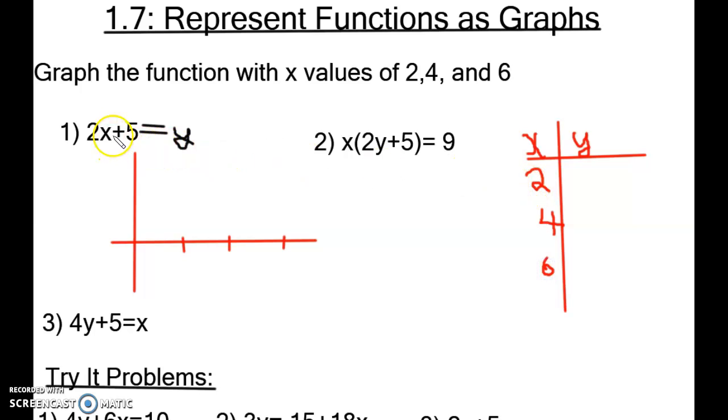X equals 2, you do 2 times 2, that's 4 plus 5, 9. When x equals 4, it would be 4 times 2, 8, plus 5, which is 13. 6 times 2 is 12, plus 5, that would be 17.